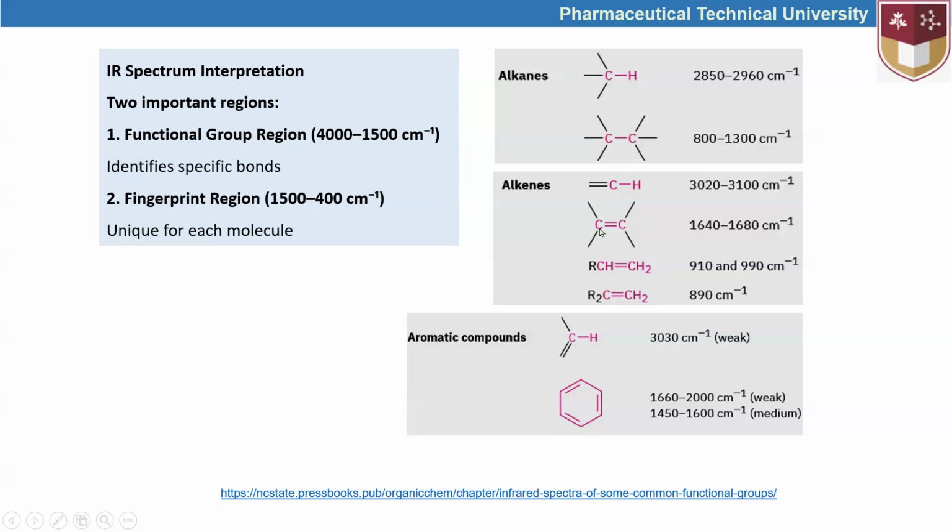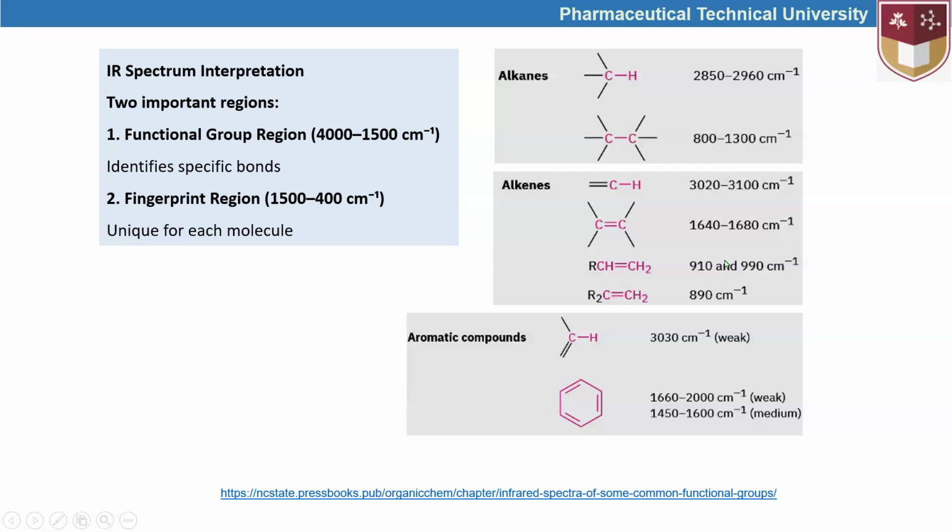Yeah, the change of one hydrogen with a methyl group, in this case, for example, is causing the absorption wave number to go from 1,640 to 1,680 to 910 to 990.